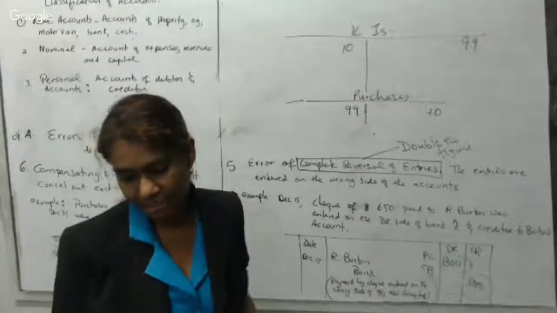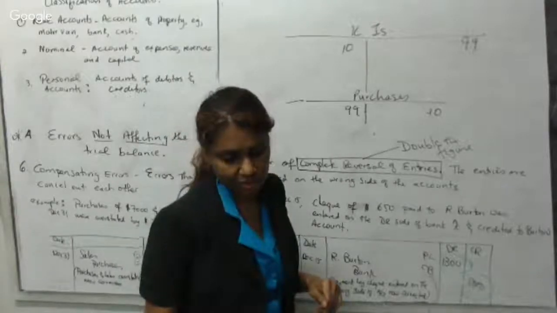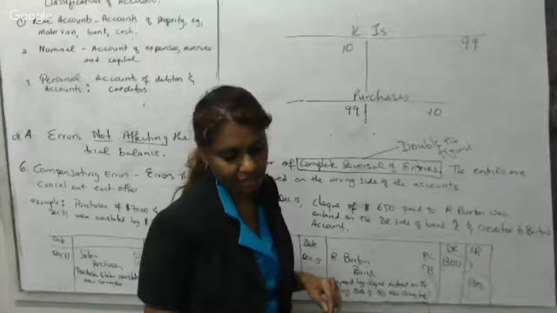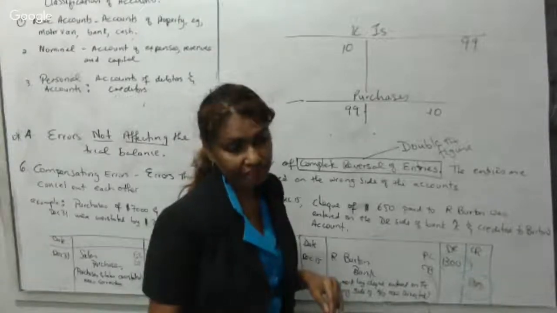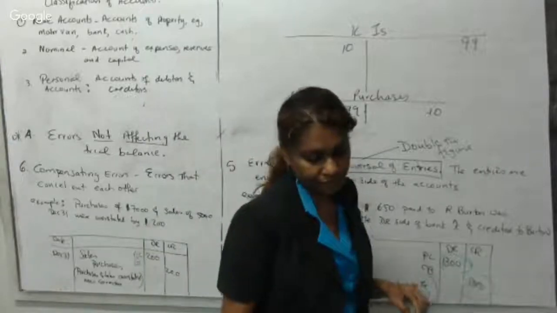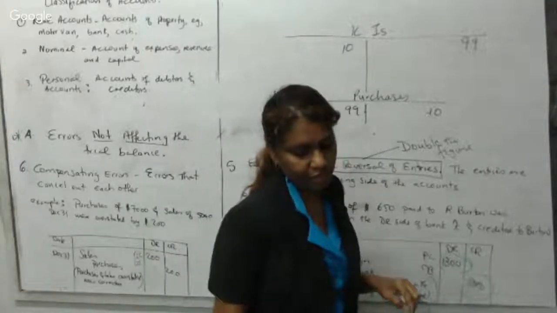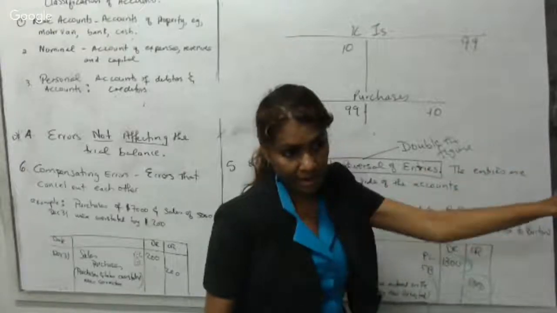Cash paid to H. Marcano for 89 entered on the debit side of the cash book and on the credit side of Marcano's account. Did you recognize this one to be a complete reversal? Yes. The cash was paid to H. Marcano, so we know that we should have credited the cash, right? And debit Marcano.